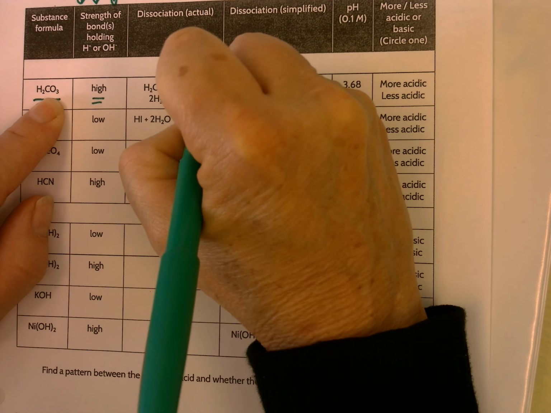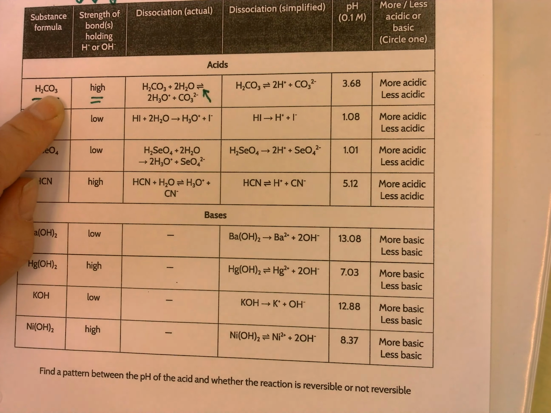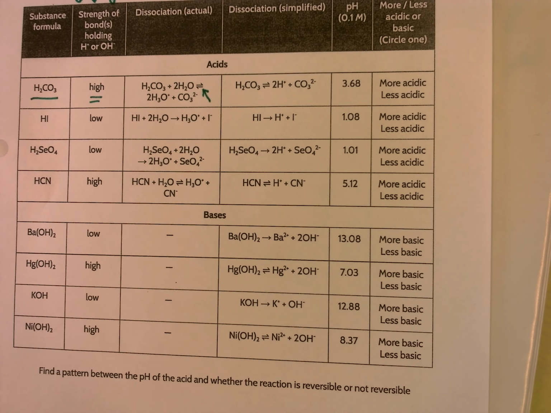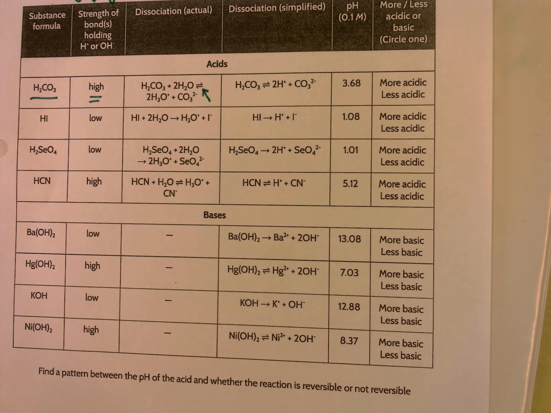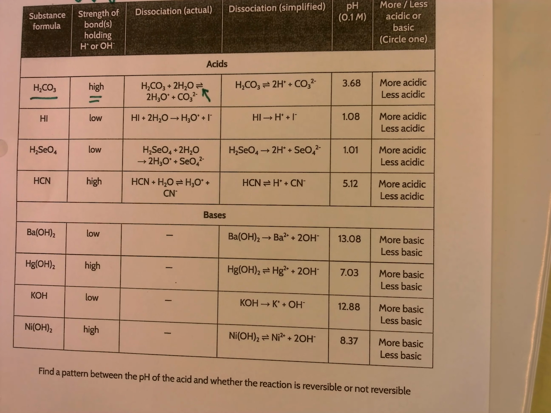And so because of that, it has a reversible arrow, which means any hydrogens that it lets go, that carbonate is going to be like, no, I don't think so, and pull them back. But like herding kittens, some of those hydrogens will get away. So there will be some hydrogens floating freely, but not very many, because carbonate will do its best to bring them back. Okay? So it will be reversible, but there will be some hydrogens floating freely.